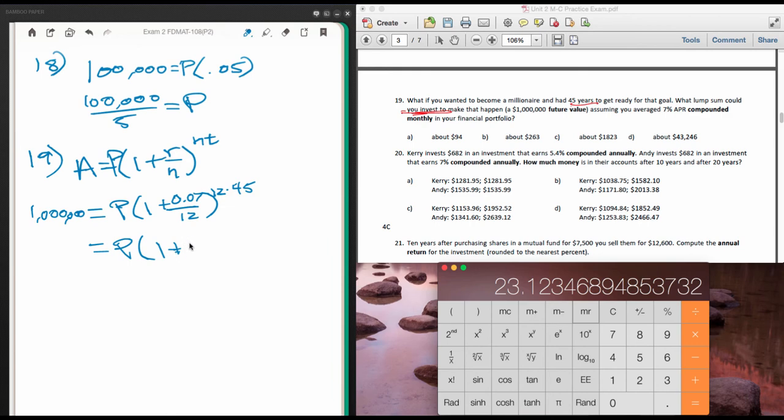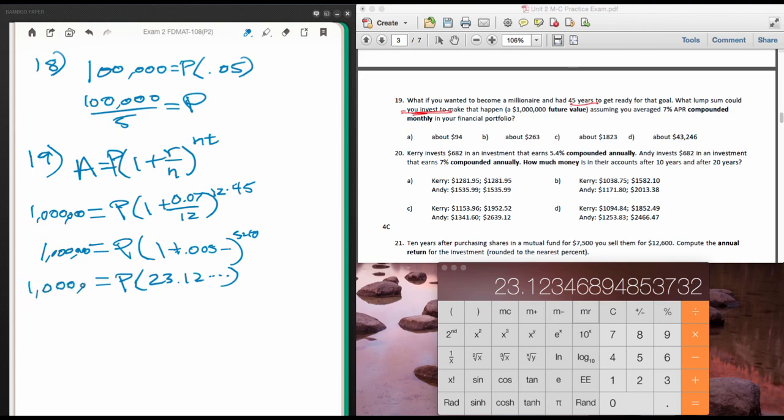And this was like 0.005, and so on, and that was 540 and 1 million. Okay, so what we're going to do is P times 23.12 and so on is equal to $1 million.